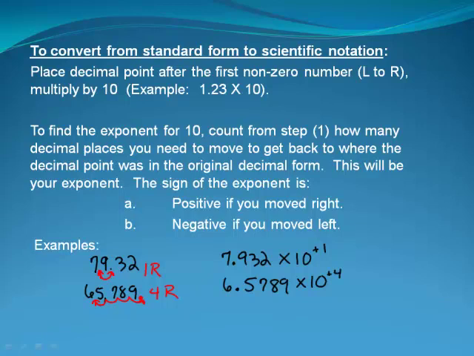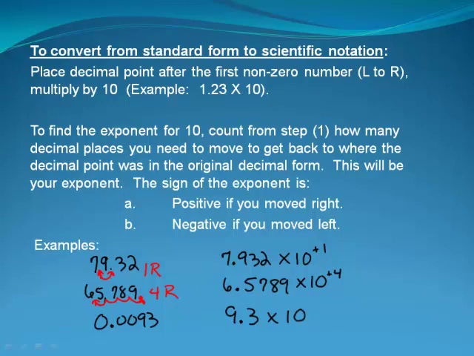And again, if you put that in your calculator, 6.5789 times 10 to the 4th is going to give you 65,789. Let's look at this problem. 0.0093. Okay. Looking at that number left to right, the first non-zero number is the 9. So we're going to place the decimal after the 9 and multiply it by some power of 10.